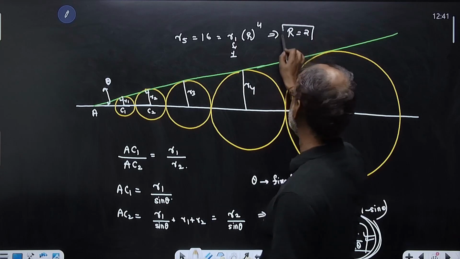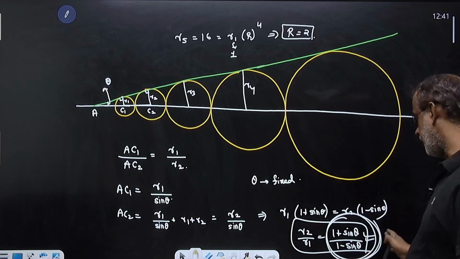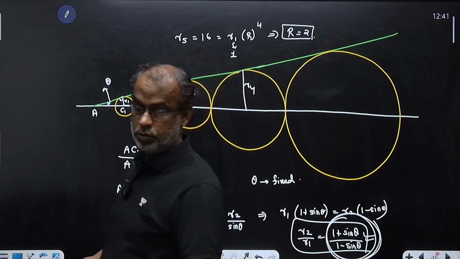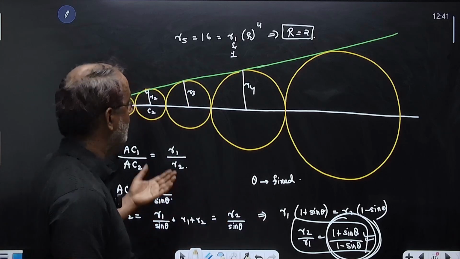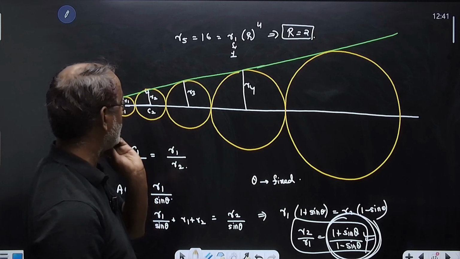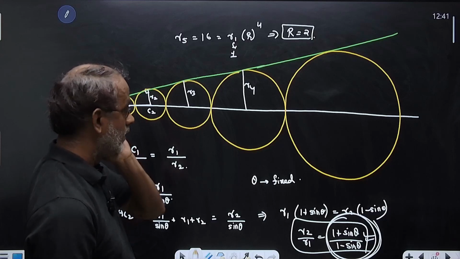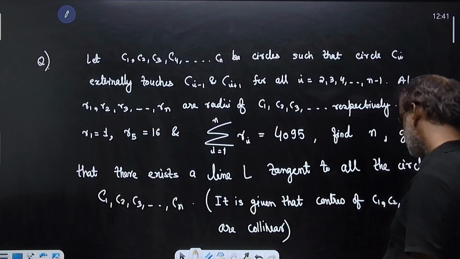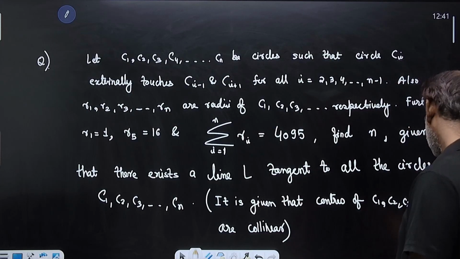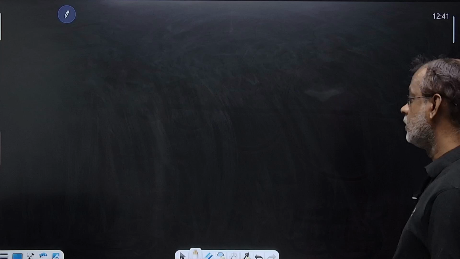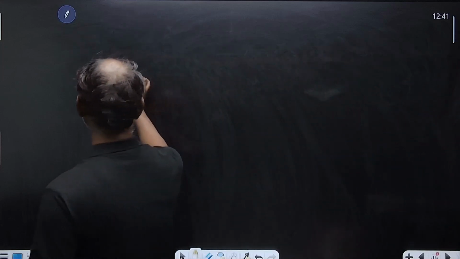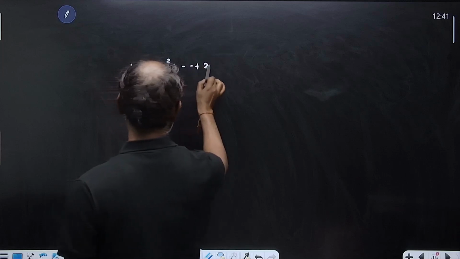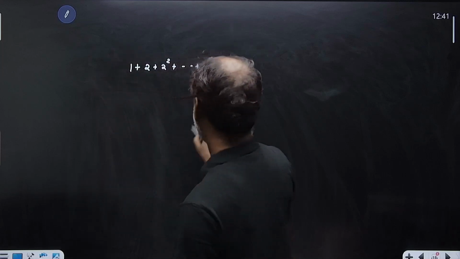Somebody may ask you theta also. What is theta? I think you can find it, if (1 plus sin theta) by (1 minus sin theta) is 2. But here the question is, the common ratio turns out to be 2. Now, what you are given is that the sum of all the radii is 4095. So, 1 plus 2 up to 2 raised to n minus 1 in fact.